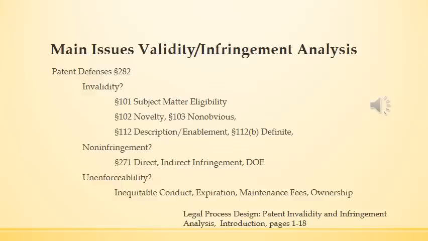And interesting, with respect to invalidity, this is where the case law is primarily developed in litigation. These are the issues that lawyers are looking to invalidate a patent based on. Of course, down below we see unenforceability, inequitable conduct, although not as popular recently because of some changes, for example, Therasense. But also patent expiration, maintenance fees, and ownership are issues that come up.